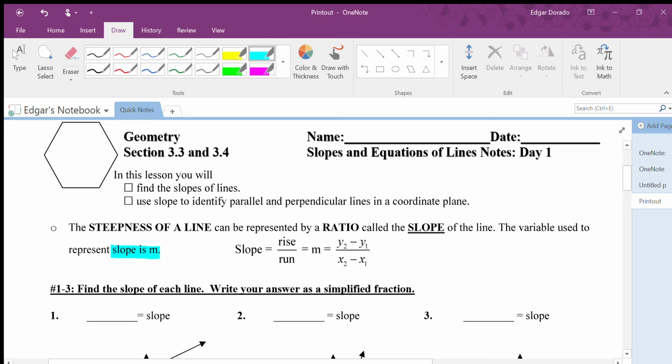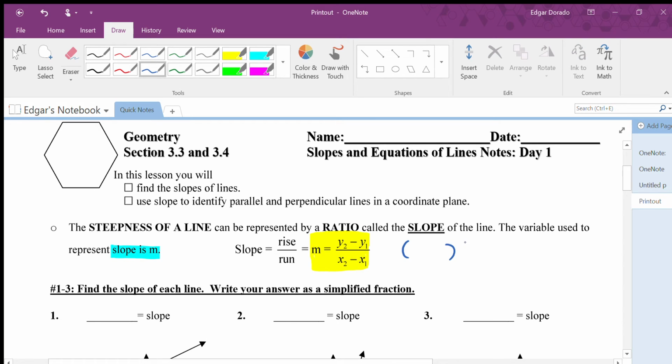More specifically, through an algebraic view, we can calculate a slope by looking at any 2 points on a line and finding how much it rises from one point to the other over how much it runs, or moves left and right, from that same point to the other. We're going to use this formula quite a bit: m equals y2 minus y1 over x2 minus x1.